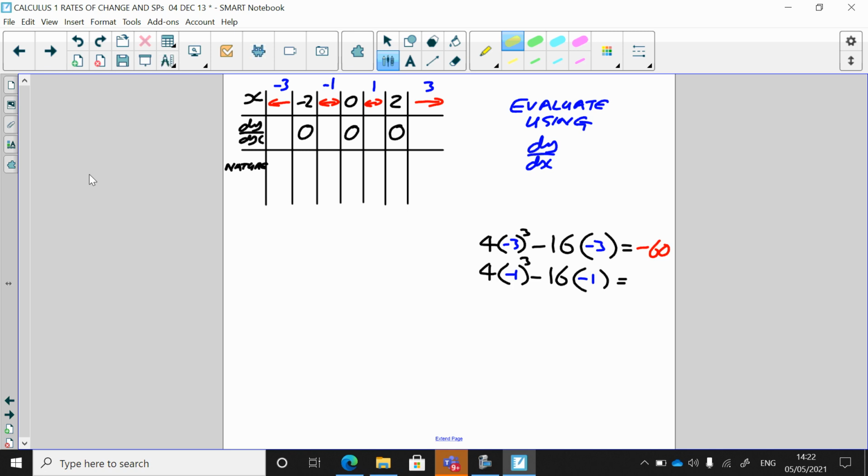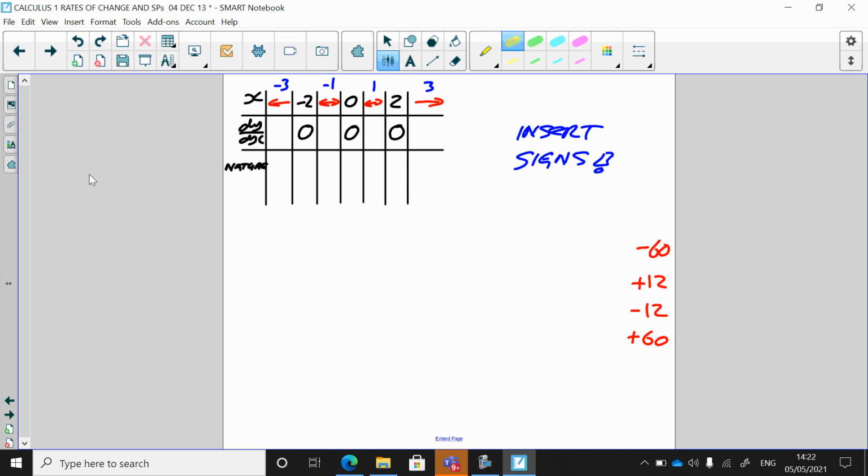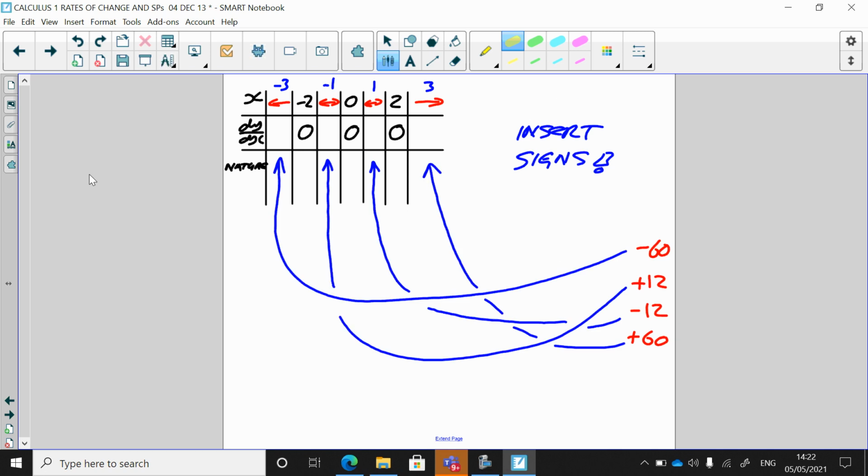The next one, put in negative 1, what's the answer? Positive 12. Next one, put in positive 1, answer is negative 12. Next one, put in 3, answer is positive 60. So it's the signs of the answers you're interested in, and we'll put them into the derivative row. I'm just going to take those signs and pop them in.